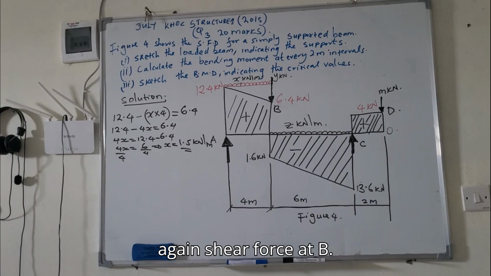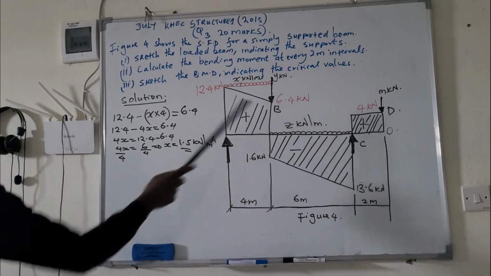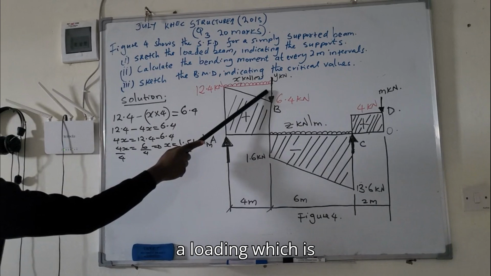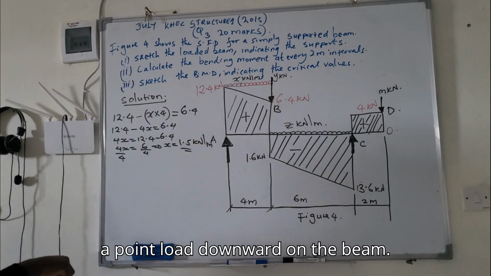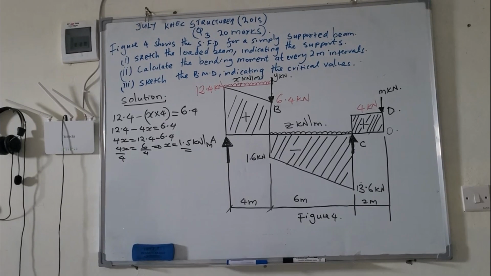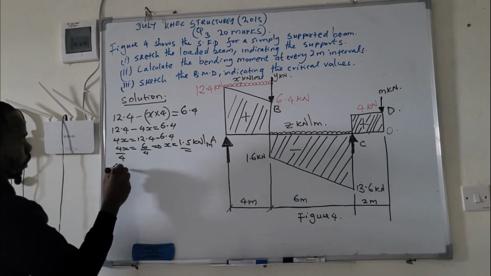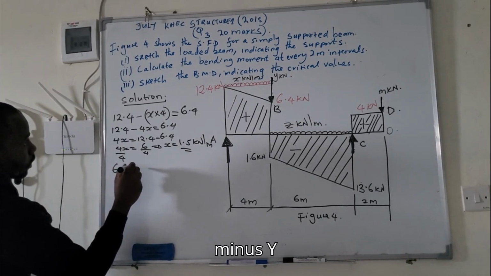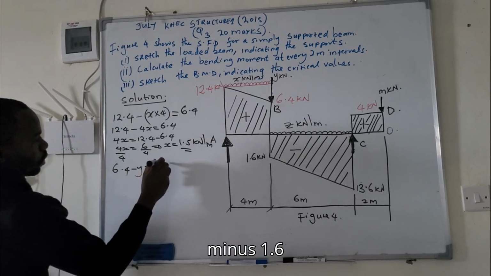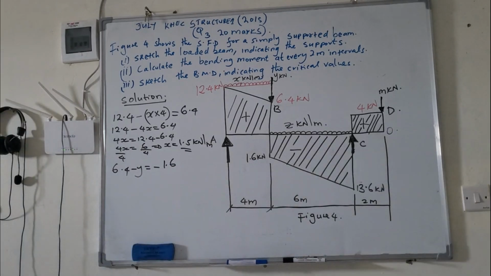Then again, shear force at B. At B, we have a point load downward on the beam, so the loading is Y. If you take 6.4 and then minus Y, it should give you negative 1.6.